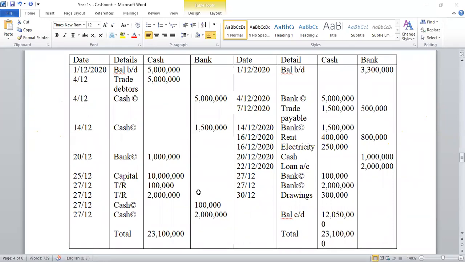So the total I have on the debit side is 8.6. Okay, I can look at now the credit side. My credit side of the bank, I have a total of 7.6.